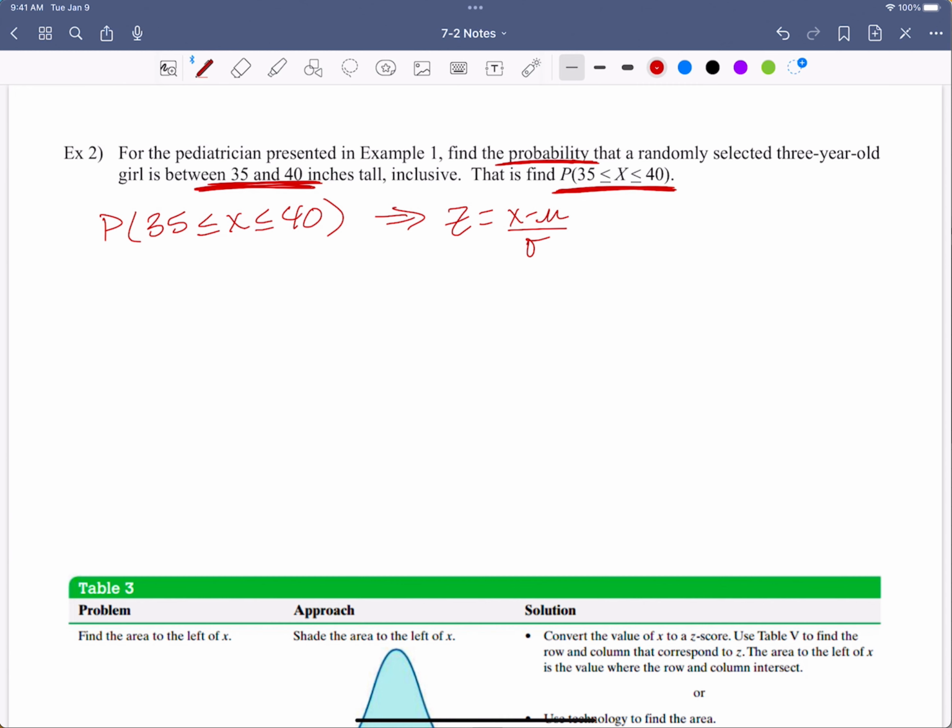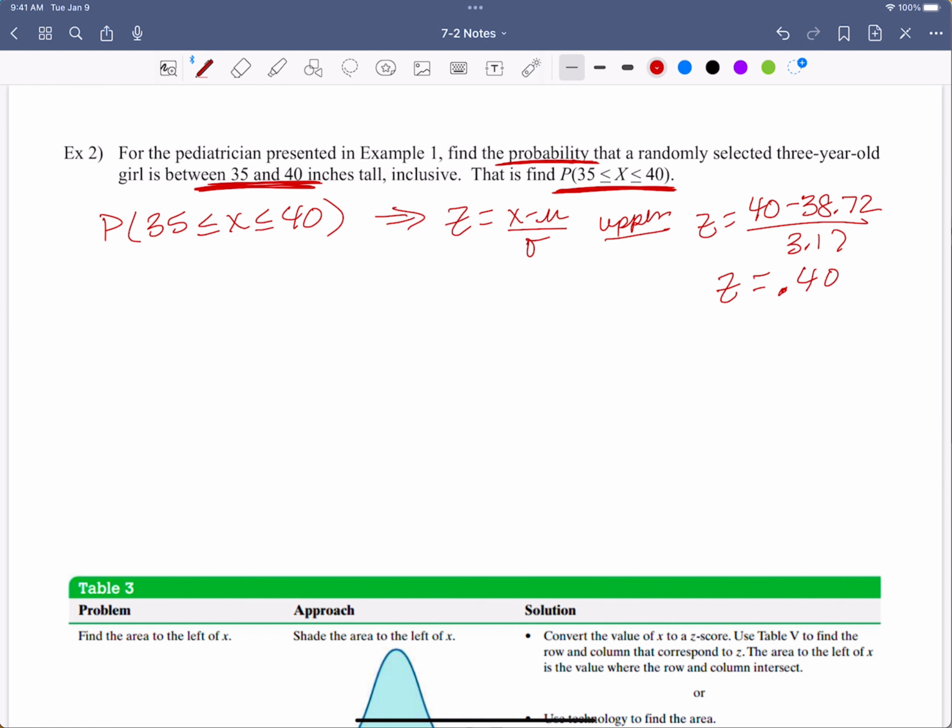My upper z-score is z equal to 40 minus my mean, 38.72. My standard deviation, it's the same example, is 3.17. If I plug all that in, you get a 0.40.